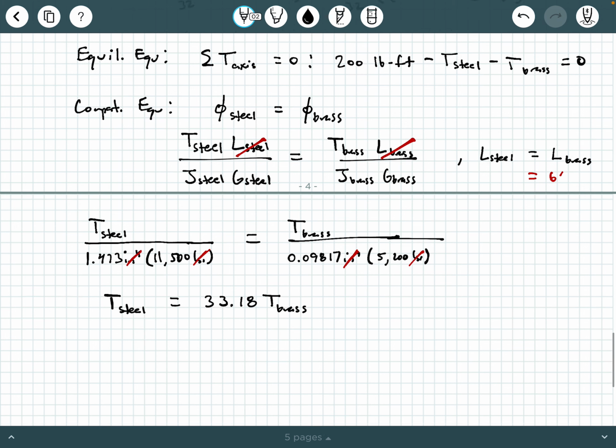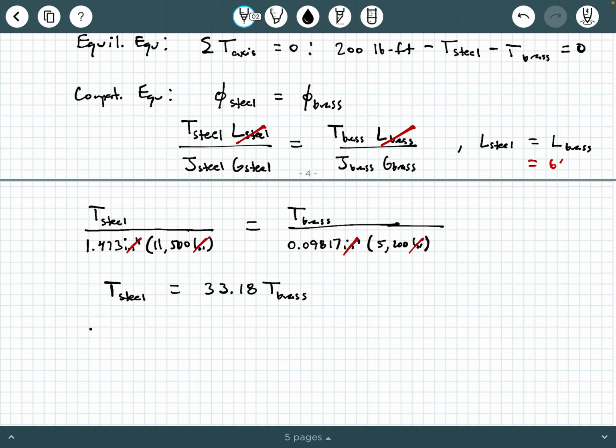So anyway, let's substitute that into our equilibrium equation. We're going to have 200 pound-feet minus 33.18 T brass minus T brass equals 0. And then we can do some rearranging and solve for T brass. We're going to move the 200 to the other side of the equation, and then divide that by 34.18.